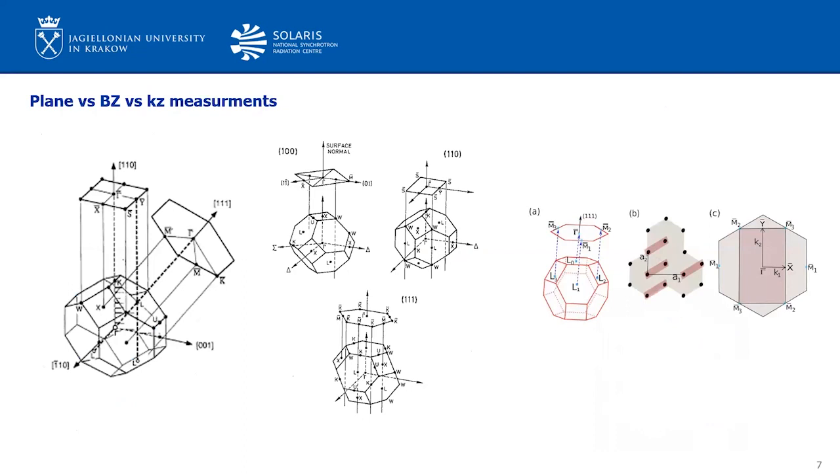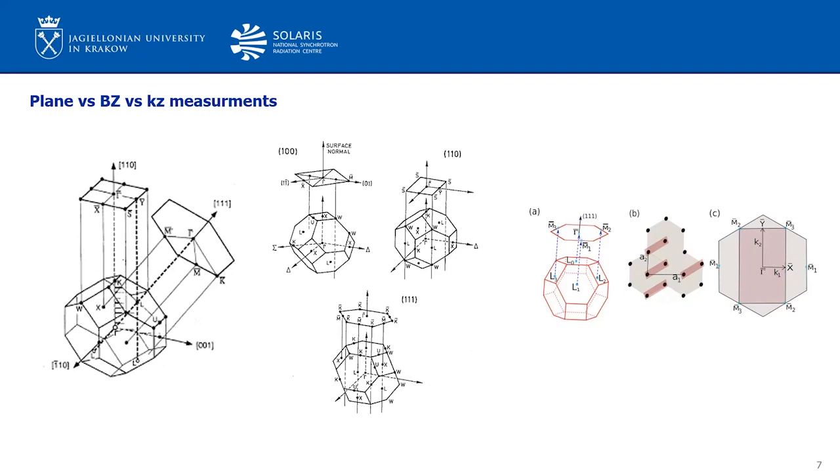But when we want to do measurements, we need to know the Brillouin zones well. Why? Because unfortunately we cannot go inside the crystal, and we also need to know which plane we prefer. We always look at the crystal perpendicular to the same plane.